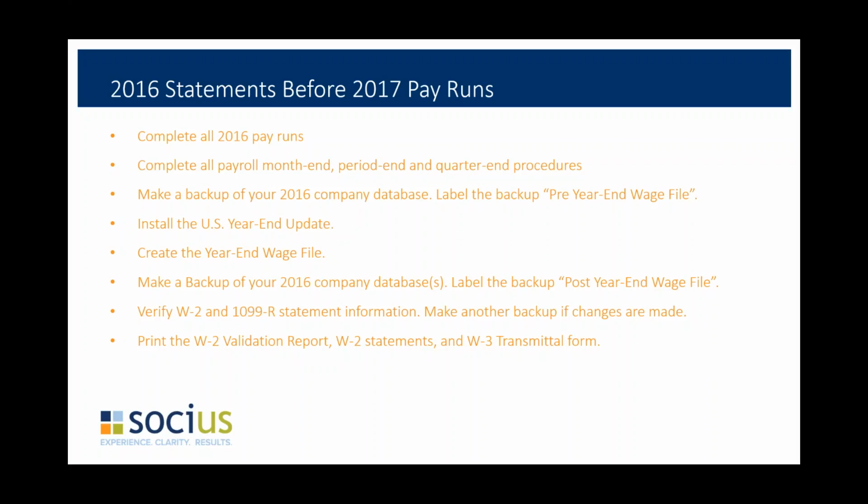This may seem tedious, but in the long run, it provides you with a situation where you never have to go back to the beginning or are never left in a situation where you've lost data that would prevent you from preparing your 1099-Rs and your W-2s appropriately for your employees. The next step is printing the W-2 validation report, printing the W-2 statements, and then the W-3 transmittal.